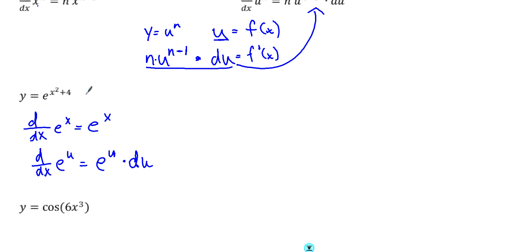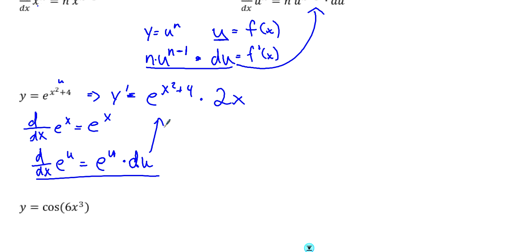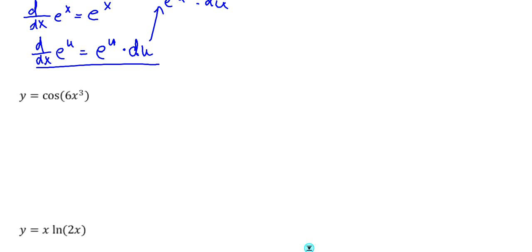So for instance, following my formula, y prime is going to be equal to, this is e to the u, so using this formula right here, I'm going to get e to the x squared plus 4 times the derivative of that, which is 2x, using it formula style. And this is e to the u times du.